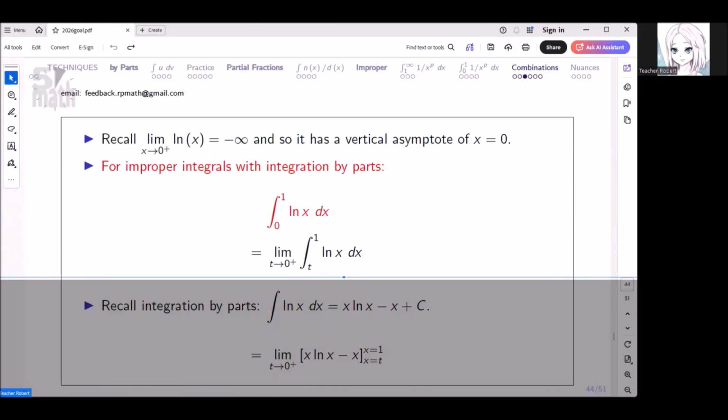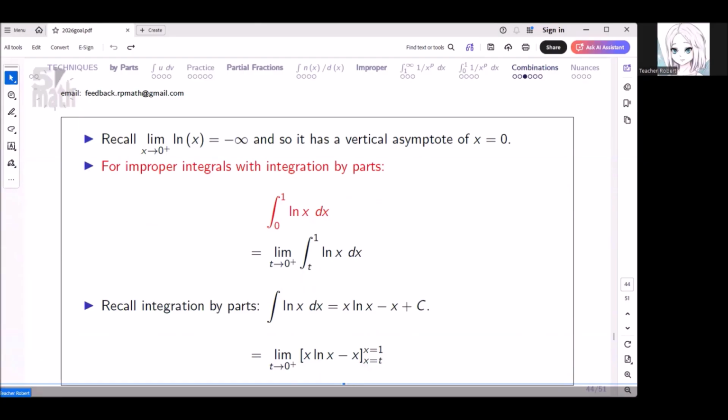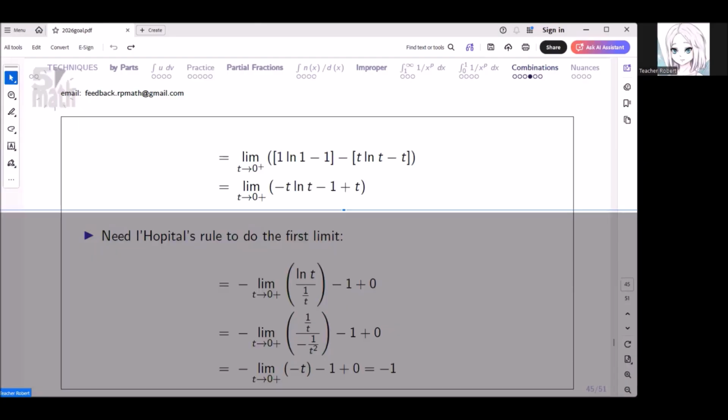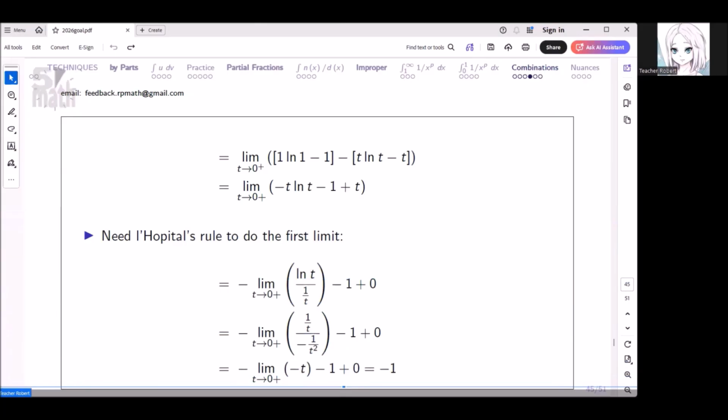We get the following. We recall integration by parts. We get the following. We need L'Hopital's rule to do the first limit, and we get the following.